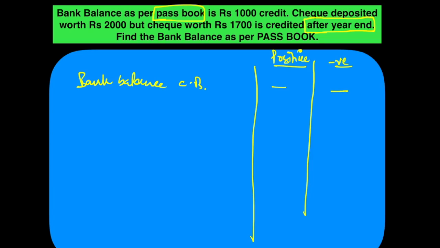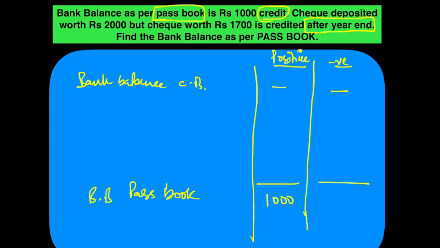Then we have certain adjustments and it is given that bank balance as per passbook is 1000 credit. 1000 credit here means 1000 positive. Bank balance as per passbook, if it is credit, it means it is positive. So it is here. So this is our adjustment. After adjustments, we are supposed to get 1000 as credit balance as per passbook.